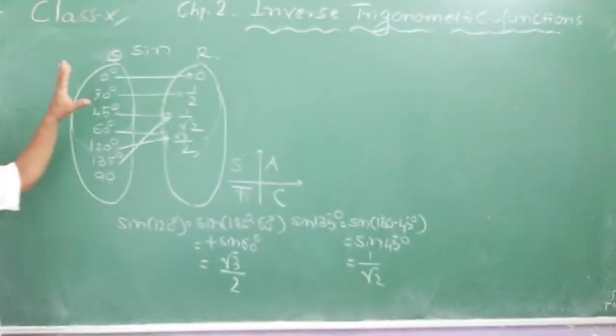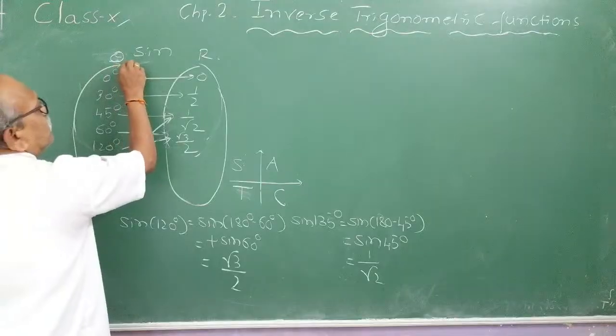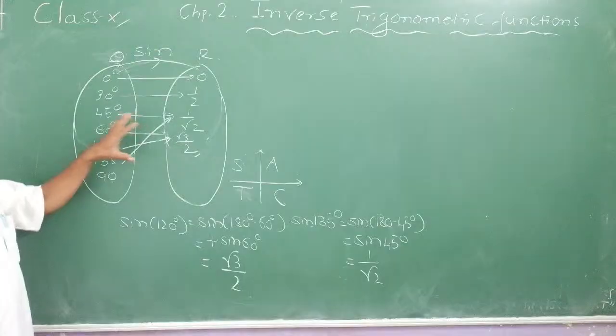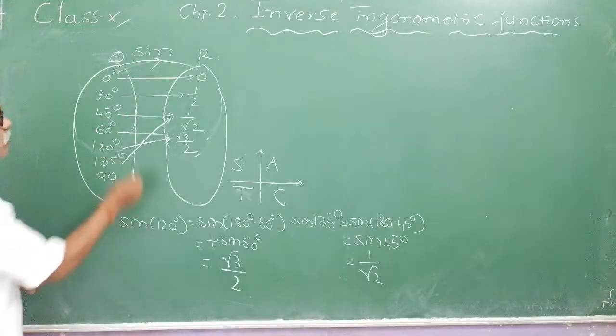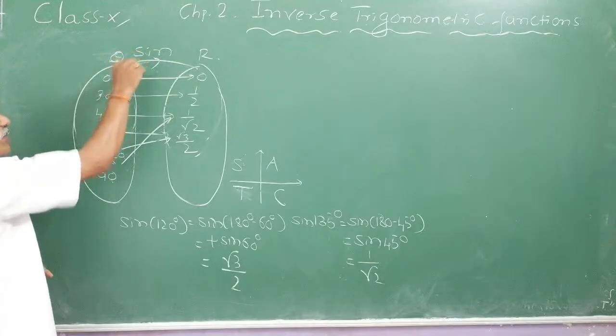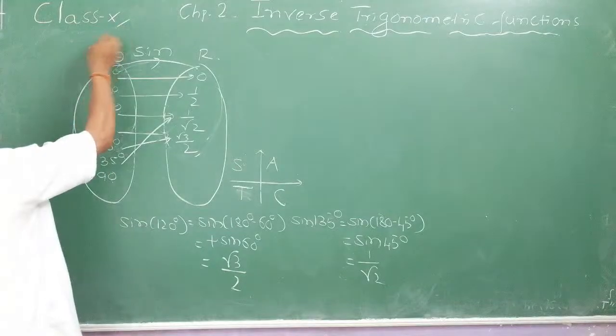See the trigonometric functions for the existence of inverse sine function. This is sine function. The function must be 1, 1 and onto. Now the question is: does the trigonometric function exist? It is a function.